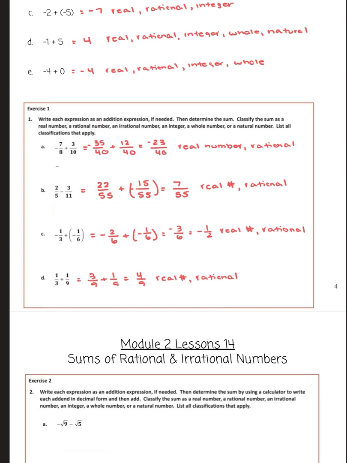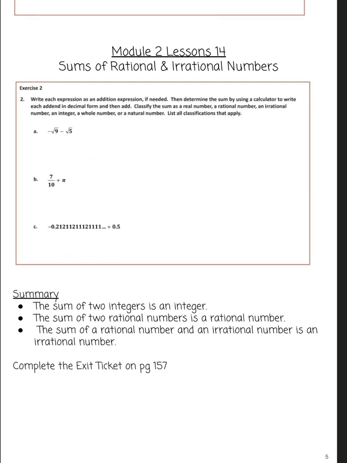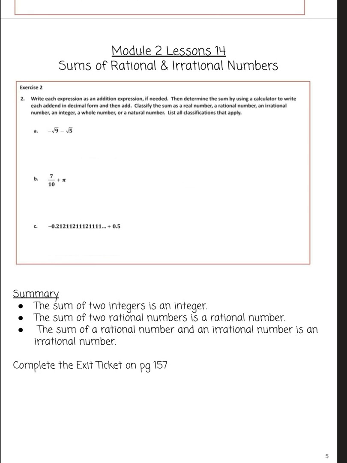All right. Now for the last part, which is exercise 2, similar to the last lesson, we're going to look at when we have a rational versus an irrational number. So we have the negative square root of 9 minus the square root of 5.